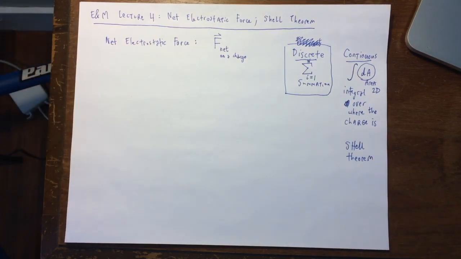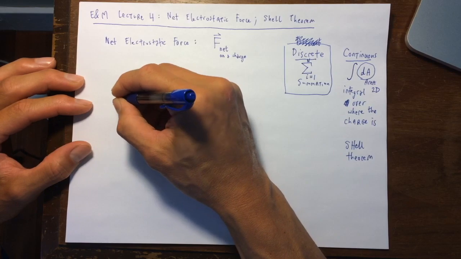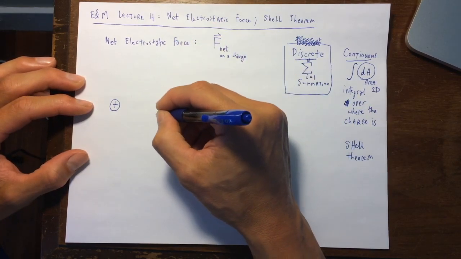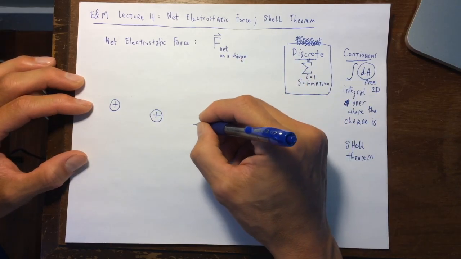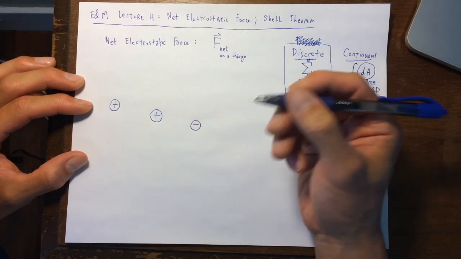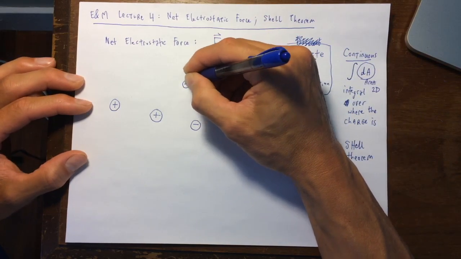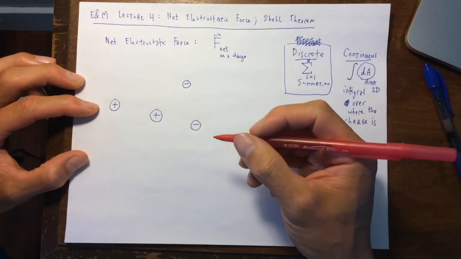Here's an example of a situation we could study. So here is a positive charge, another positive charge, a negative charge, and another negative charge, say. And I'm going to label these charges.